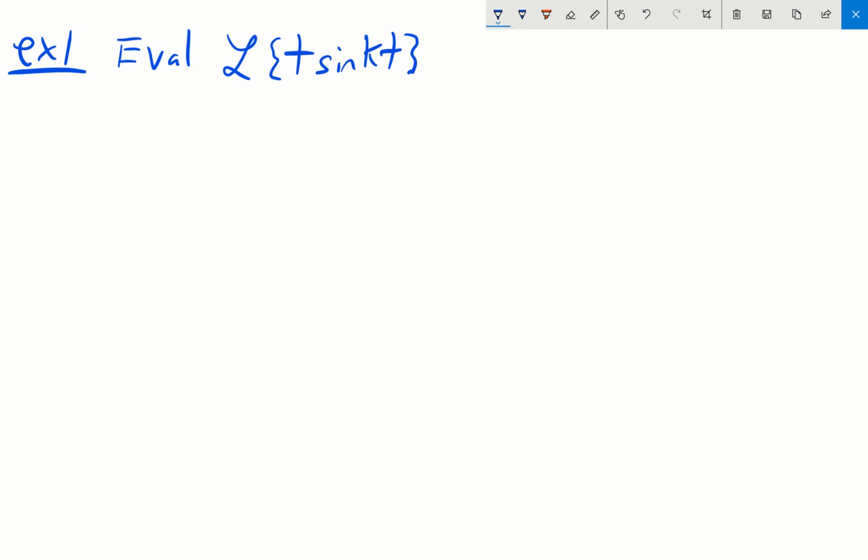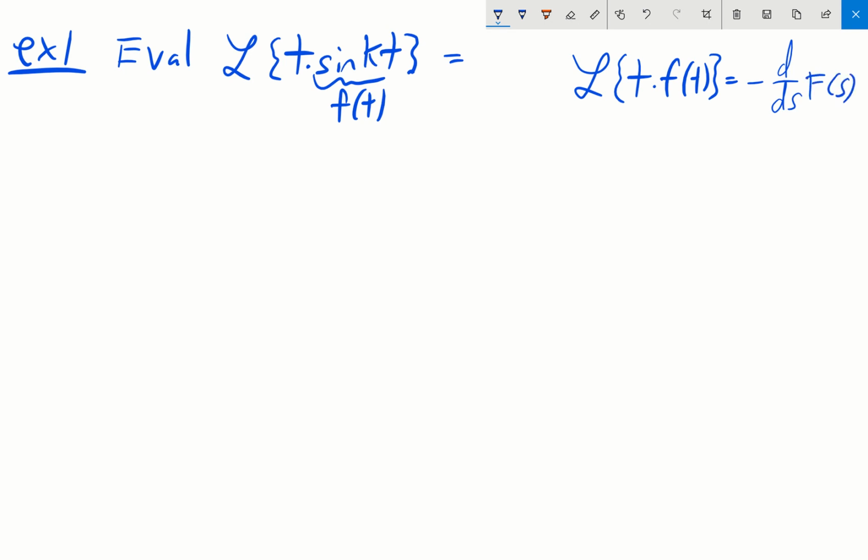However, let's be clever about it, and let's use our previous theorem. So this is t times the sine of kt. The sine of kt is playing the role of our function f(t). And from what we just said a moment ago, we know that the Laplace transform of t times f(t) is equal to negative 1 to the first, which is simply a negative 1, times the first derivative with respect to s of the Laplace transform of f(t), which we call capital F(s).